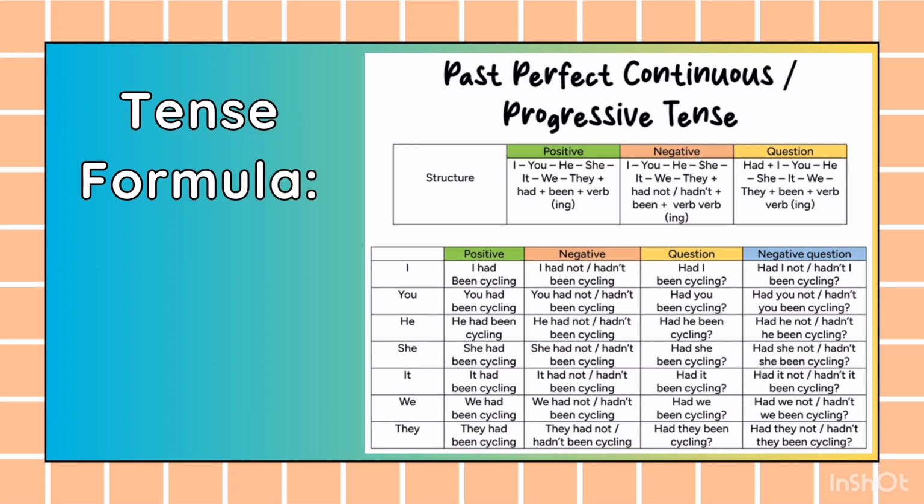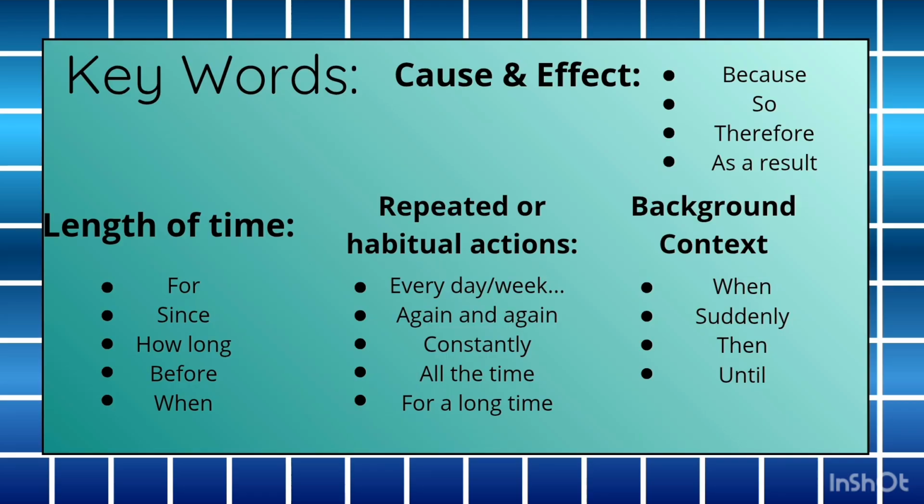And in the questions, you have at first had, then the subject, then been, and then the verb in ing. For example, I had been cycling, you hadn't been cycling, she hadn't been cycling, or had they been cycling?